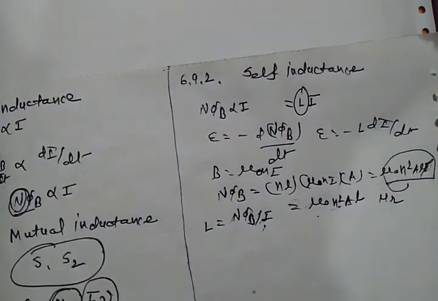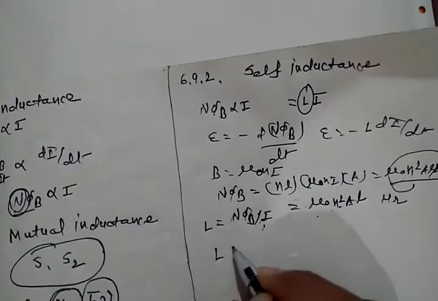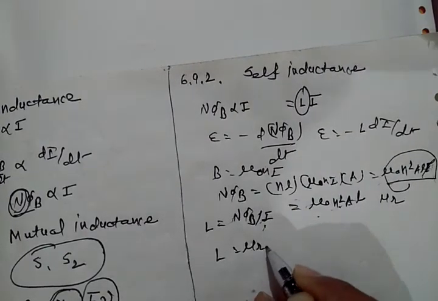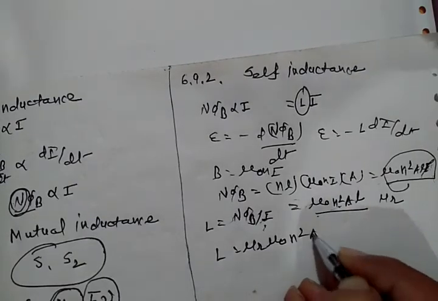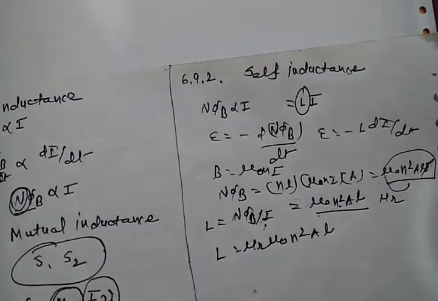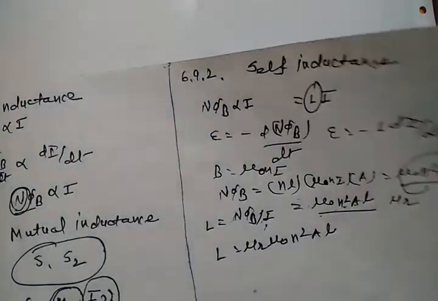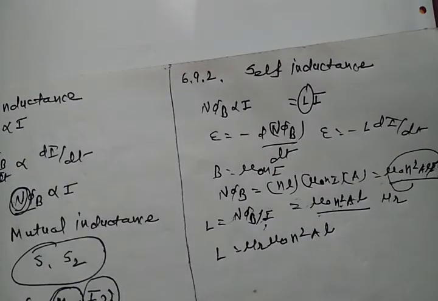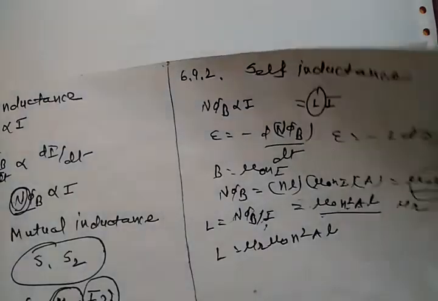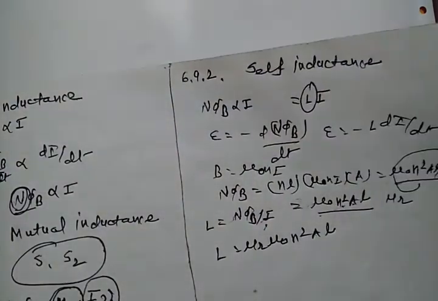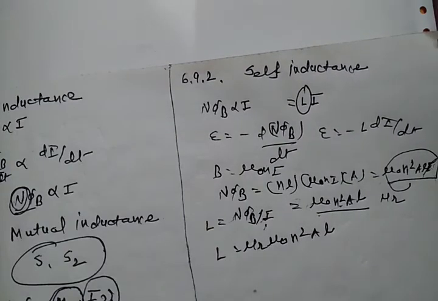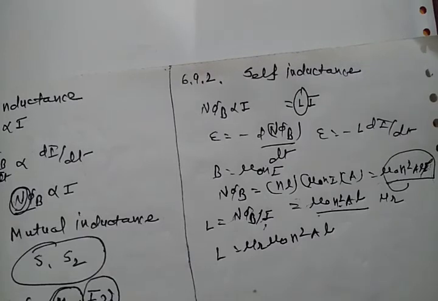In this case L is equal to mu r mu 0 n square A l. The self inductance of the coil depends on its geometry and on the permeability of the medium. The self induced EMF is also called back EMF, as it opposes any change in the current in the circuit.